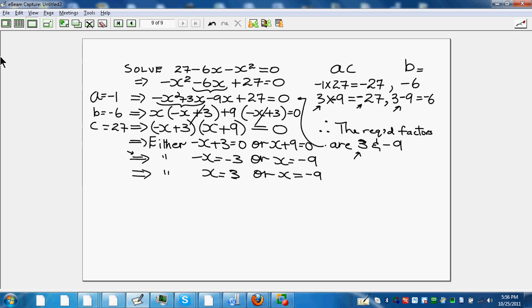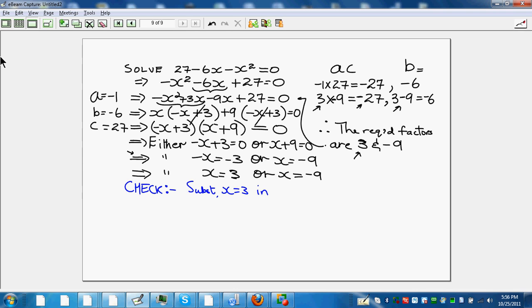This is our check. If you don't have time in the exam, you just go on, right? But as we have the time now, we'll just check it. And if we substitute x equal to 3 into our equation at the top, let's see what happens.